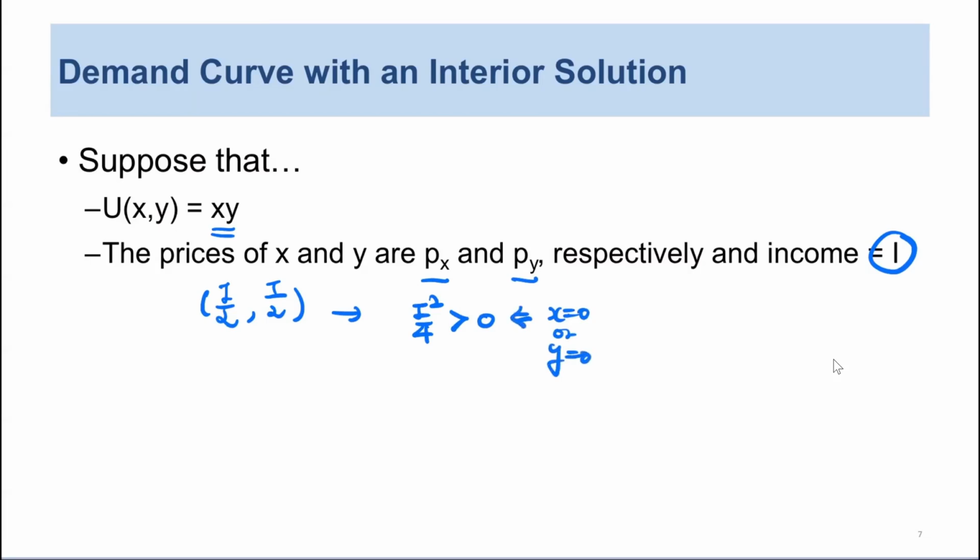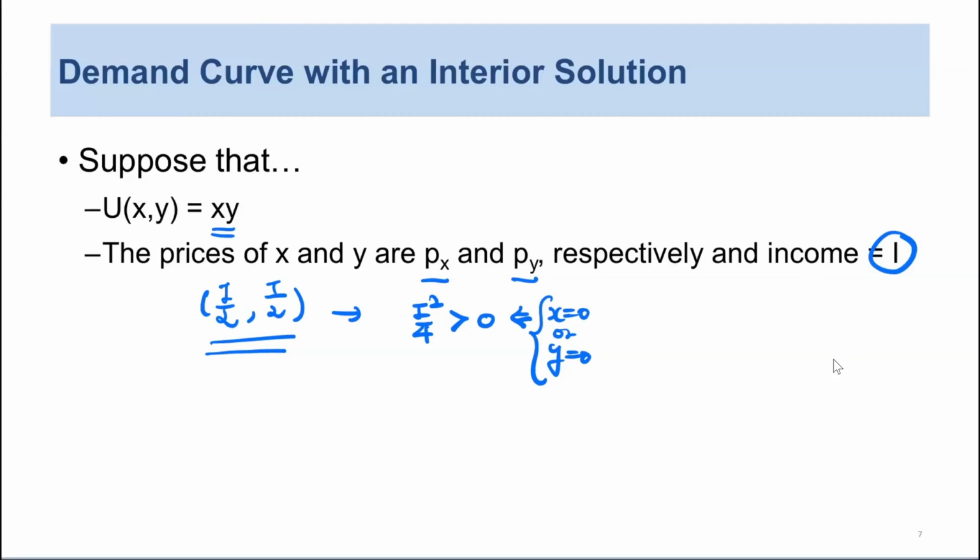In other words, as long as either X or Y is at 0, in other words, corner solutions, that point is going to be dominated by some other point, for example, like this. That means that the previous one is not the utility maximization point, and therefore the solution to this problem should be an interior solution.